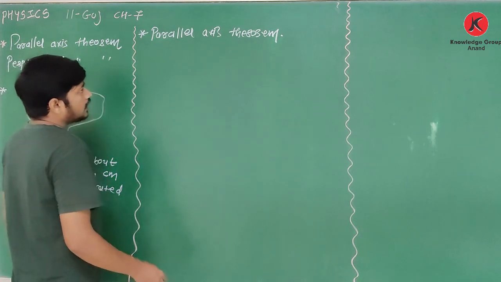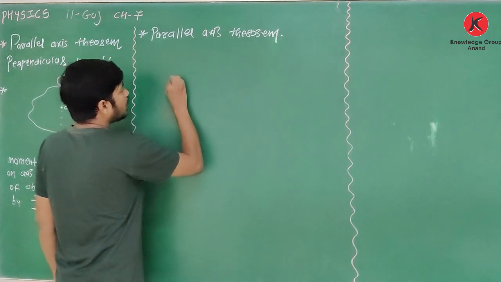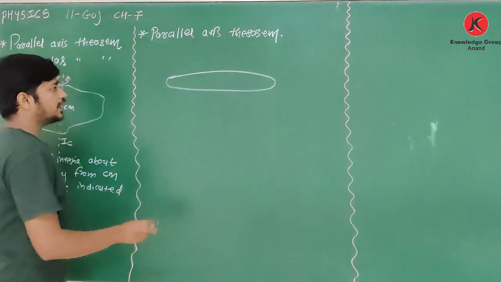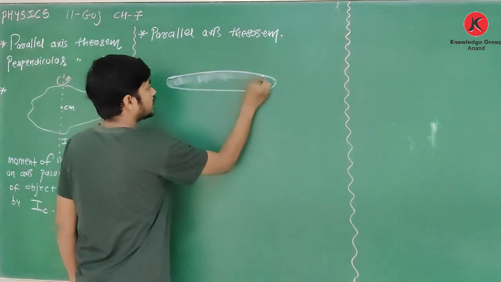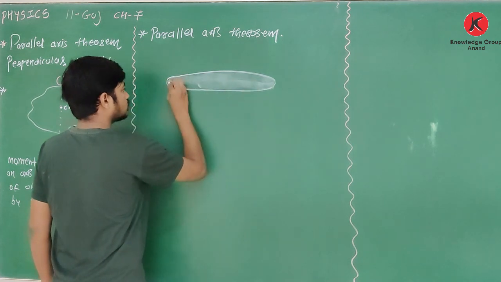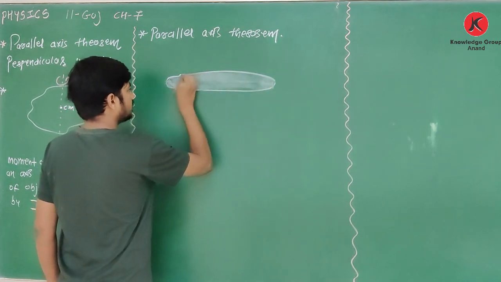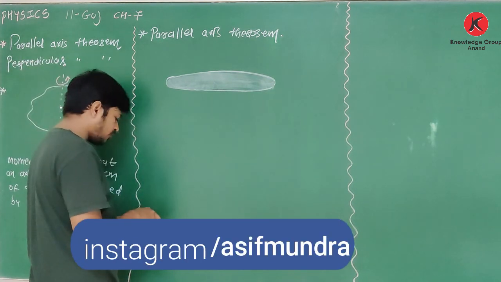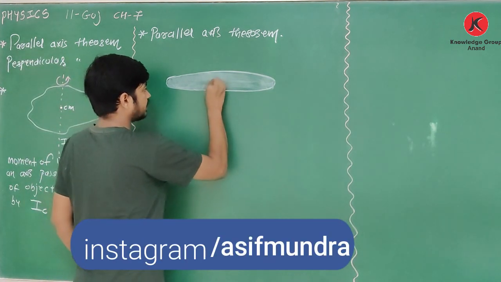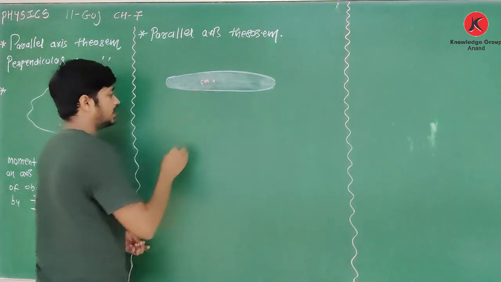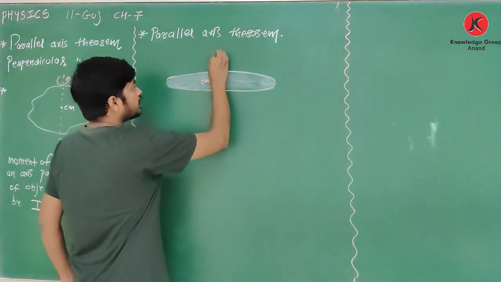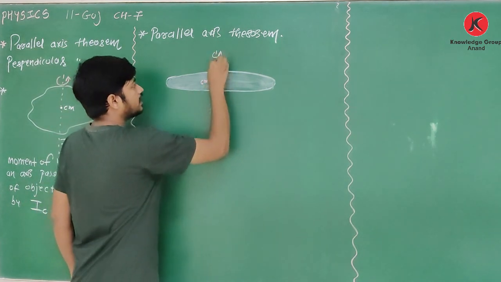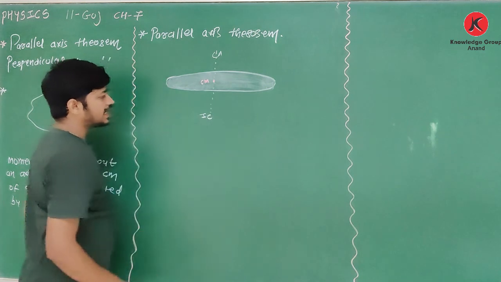See, if I have one disc like this, and this is its center of mass, then the moment of inertia about an axis passing through this center of mass is indicated by IC.